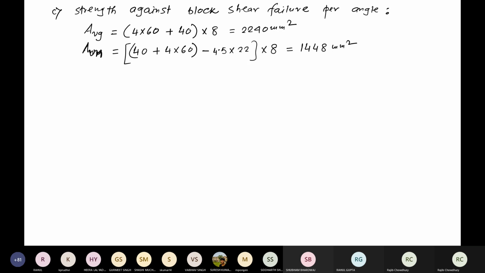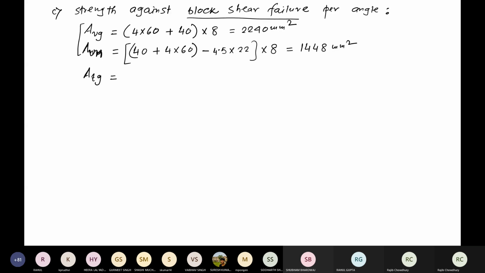Now what else we require? We require the gross tensile area. In the block shear failure, if you can calculate this area, your job is done. Nothing else you require to do. So the gross tensile area, how much it could be? Do you have the schematic with you?